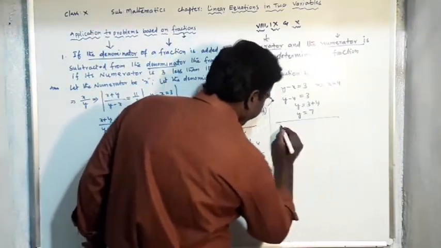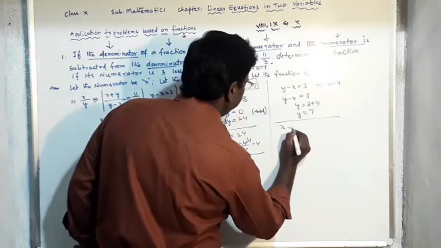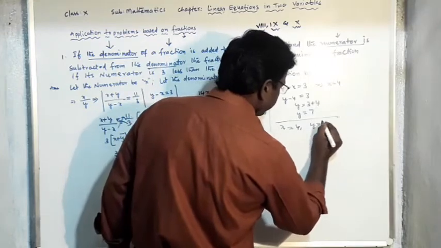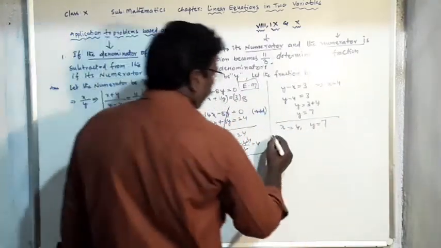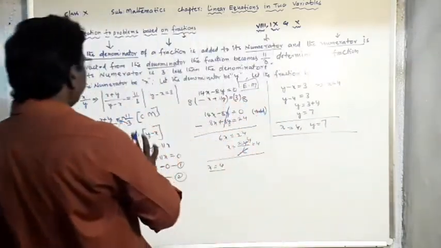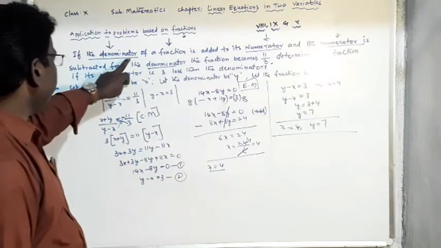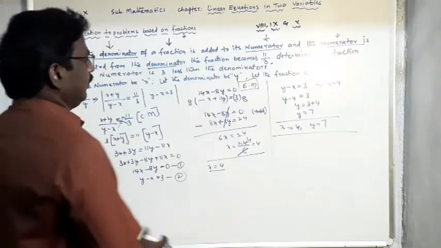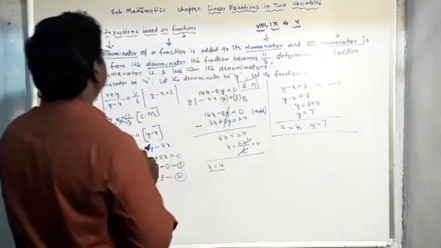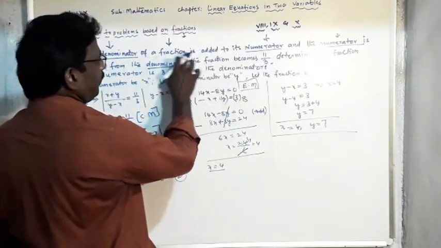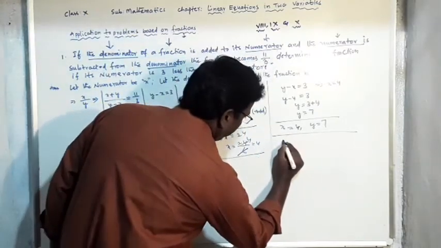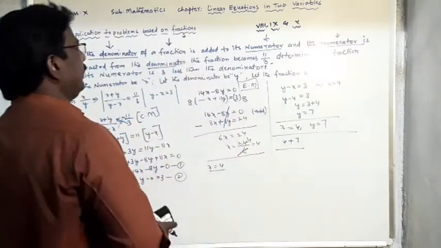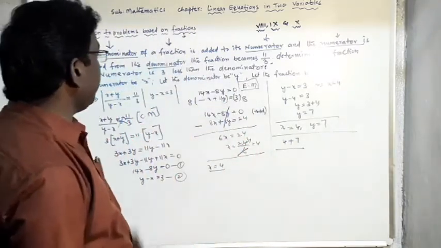Finally, I got the x value and y value. What is the x value? 4. What is the y value? 7. Now check. What is the first condition? The denominator of a fraction is added to its numerator, and the numerator is subtracted from the denominator.